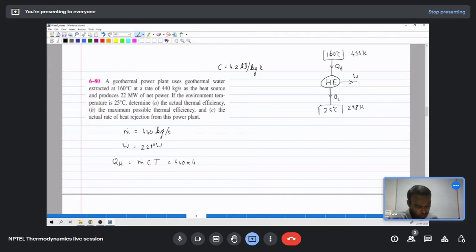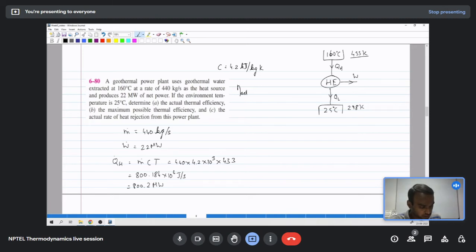So I write it as 4.2 into 10 power 3 joule per kg Kelvin into temperature. We have the high temperature reservoir as 433 Kelvin. So this comes out to be 800.184 into 10 power 6 joules per second, which is 800.2 megawatt.